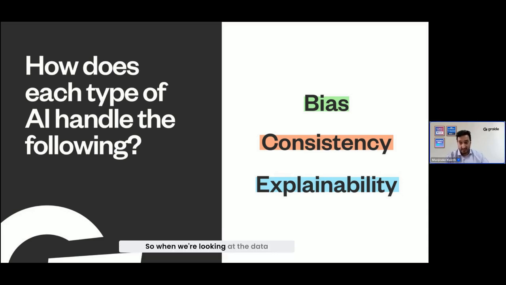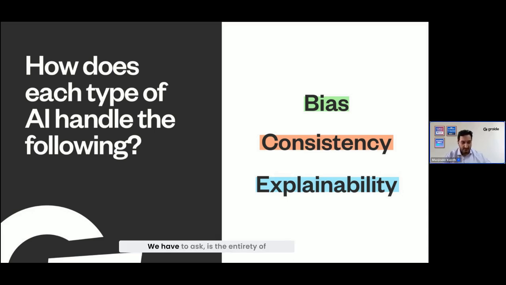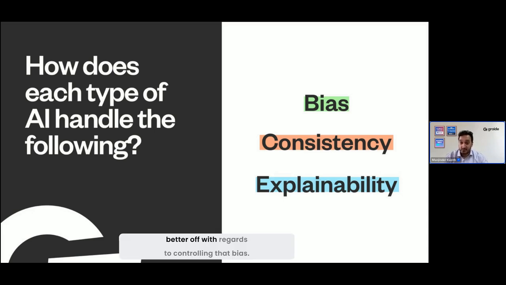So when we're looking at the data that's being put into these systems, and we're looking at large language models like ChatGPT, we have to ask, is the entirety of the internet a representative bit of data for something that's as high stakes as marking? Realistically, it's not. So if you can have a classification system where you can control the system and the data that's put into that system, then you're much better off with regards to controlling that bias.